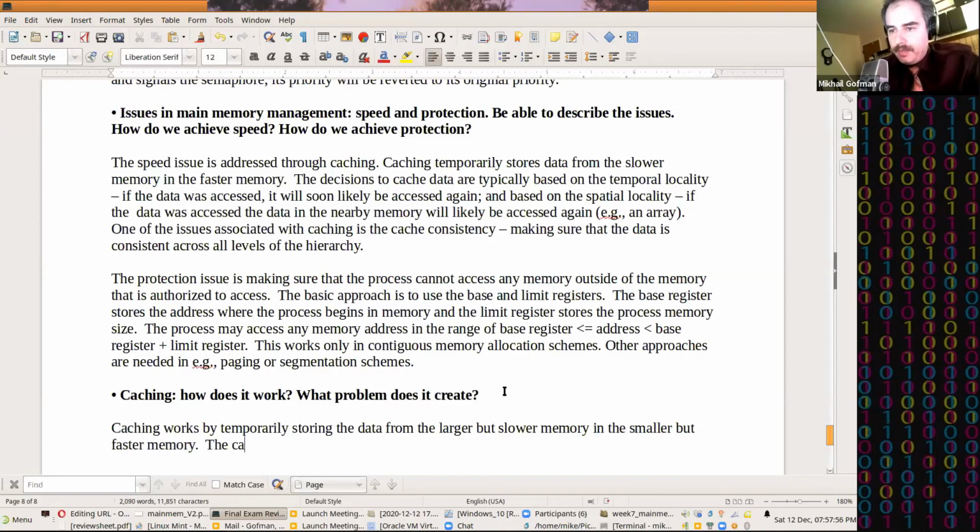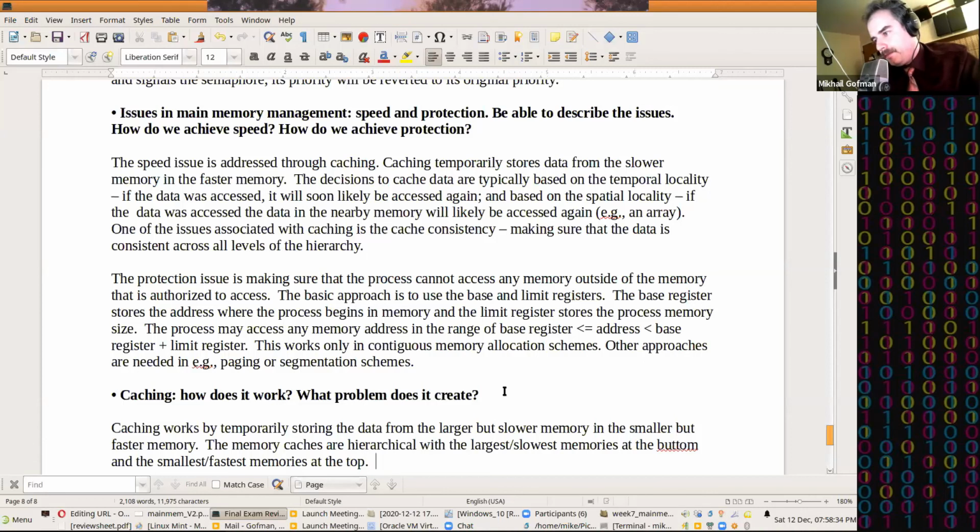Okay, the memory caches are hierarchical with the largest and slowest memories at the bottom and the smallest and fastest memories at the top.